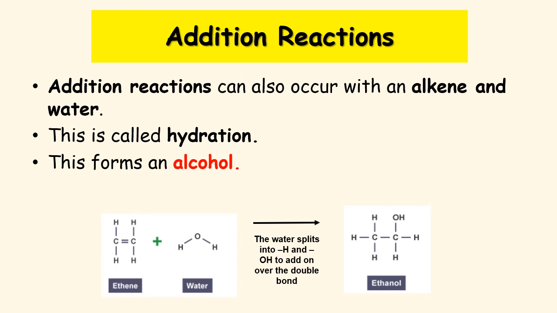Now what happens in this case, because we've got 3 atoms rather than 2 with water, is that hydrogen goes on one of the carbons and then hydroxide OH, which we'd call hydroxyl whenever it is on a hydrocarbon, goes on the other side. So hydrogen added to one side and OH added to the other side. And a molecule that contains an OH group, a hydroxyl group, is called an alcohol.